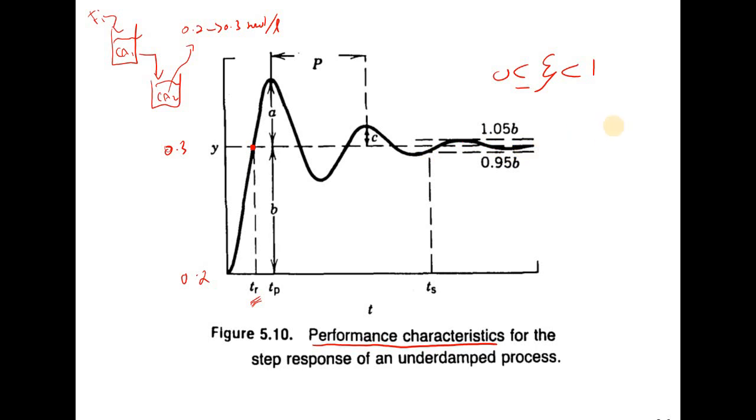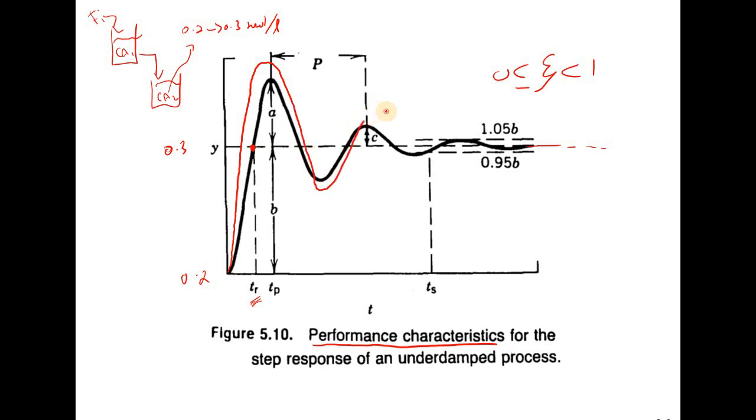So the first thing we want to say here is that the rise time is the first time the response hits the new steady state value that it will settle to at the end when t approaches infinity, or when you apply the final value theorem to find that value. If it goes like that, is it better or not?